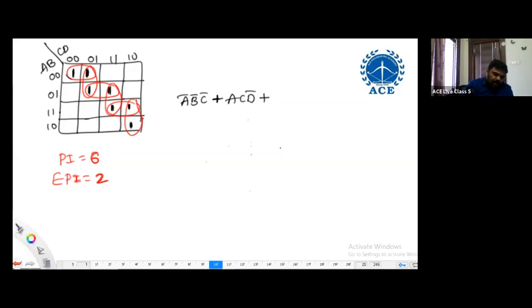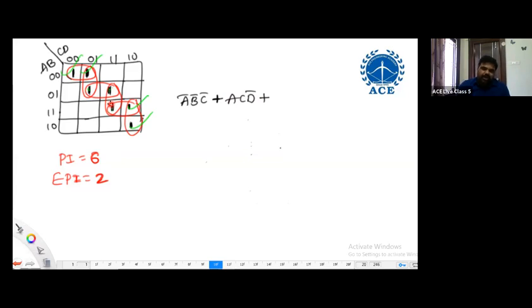See, coverage of minterms is this much only by essentials. How many minterms are remaining? 3 minterms are remaining, which are not covered by the essential prime implicants. To cover these, we have to choose non-essentials.